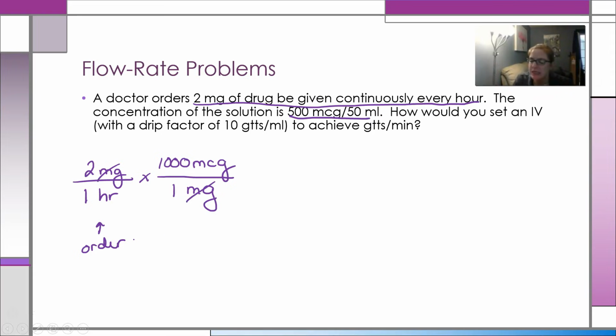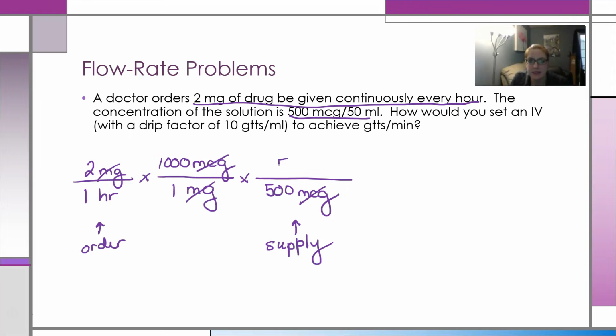We want to keep it clean and tidy. And now that we have it in micrograms, we can go ahead and use our supply or our concentration. So of course we need to put those micrograms on the bottom so that they cancel. Milliliters is on top. Okay, now we have milliliters on top, and on the bottom we have hours, which is not the correct units we want to end in.